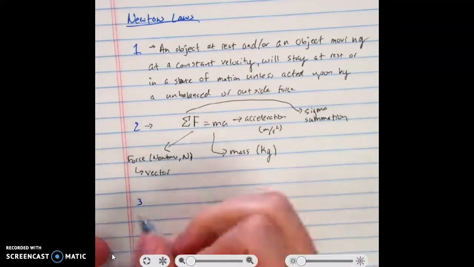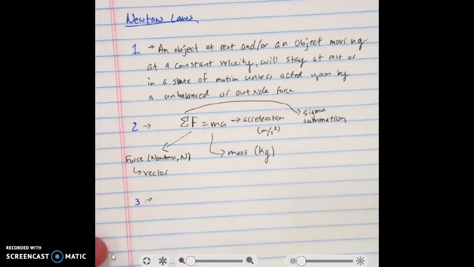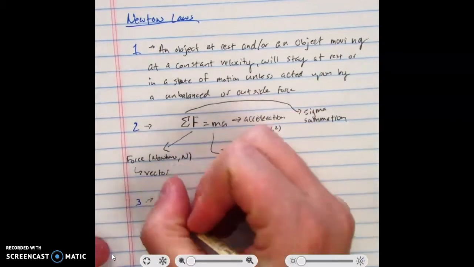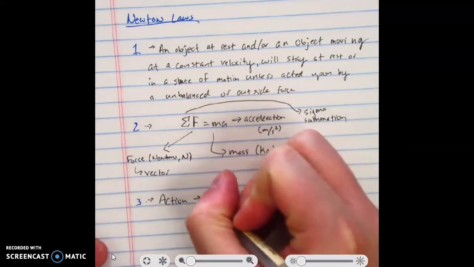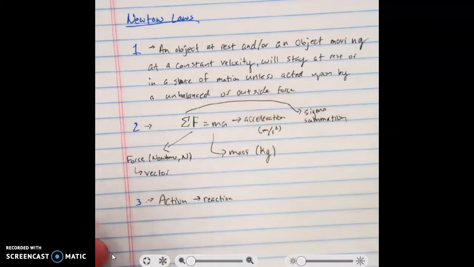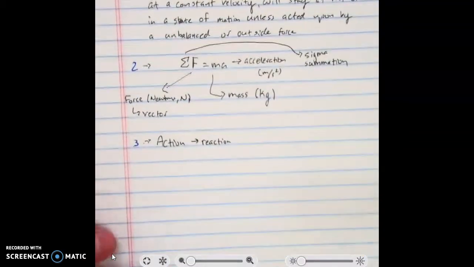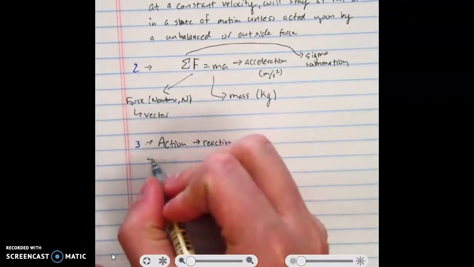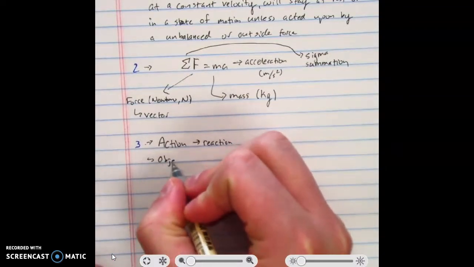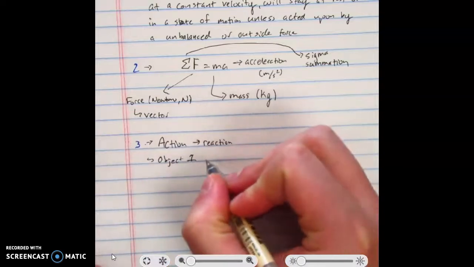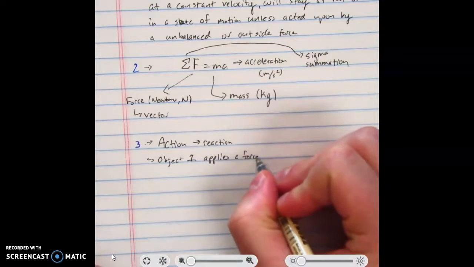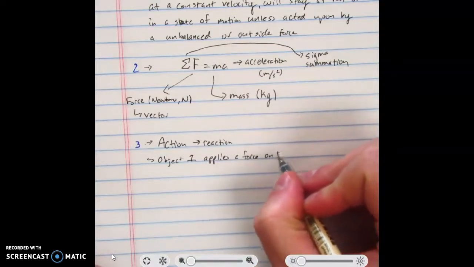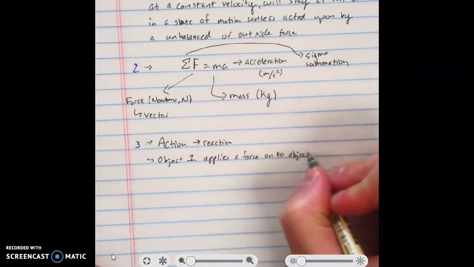And his third law, which might be the one you might be able to do verbatim because this one's the easiest. This is what we call the action-reaction law. What that really means is kind of the following. Object 1 applies a force onto object 2.